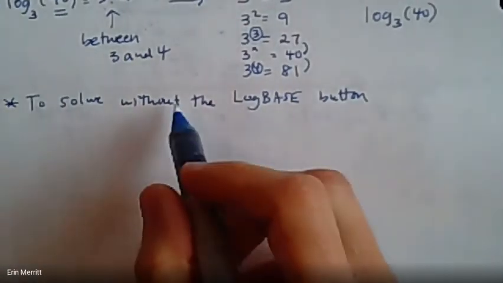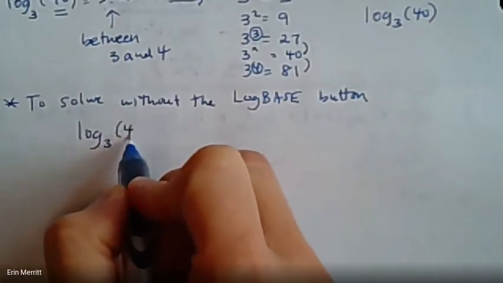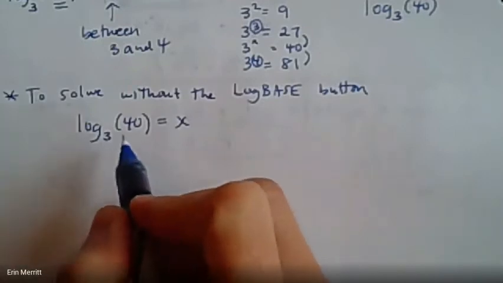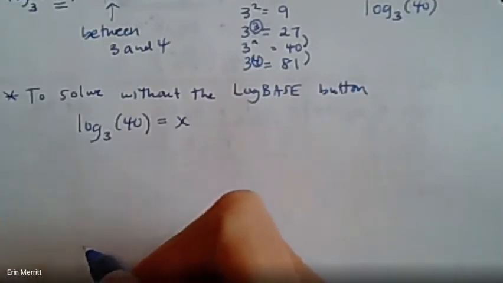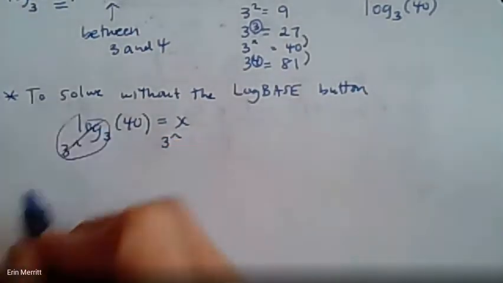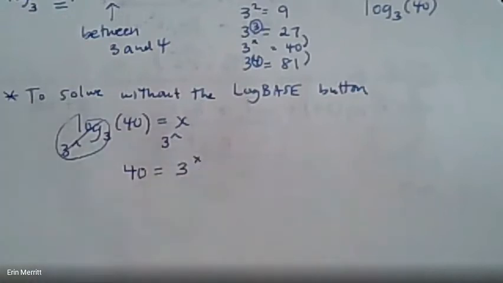Some of you guys might be in this boat, all right? What you would do is we would say, okay, well, log base 3 of 40, set it equal to our generic x. And then to get rid of the log, we have to exponentiate. So do 3 raised to the left, 3 raised to the right. This is 40 equals 3 to what power?